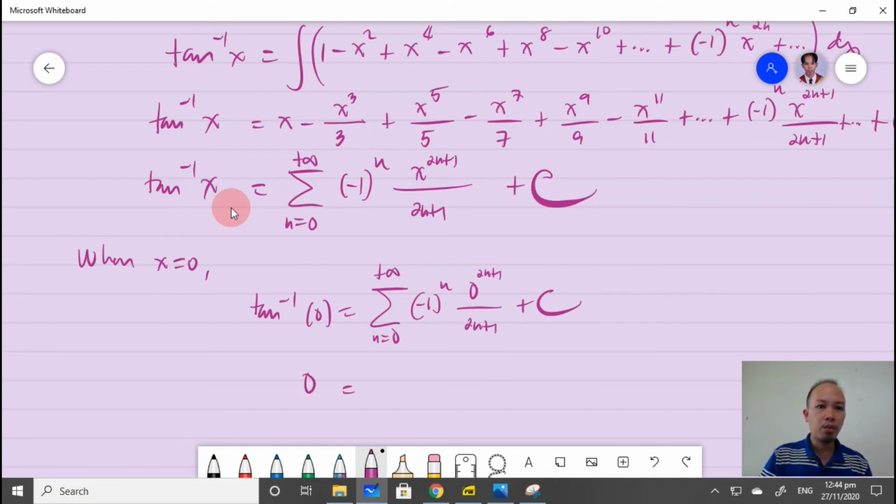This is 0, of course, and this summation is 0, and this is C.